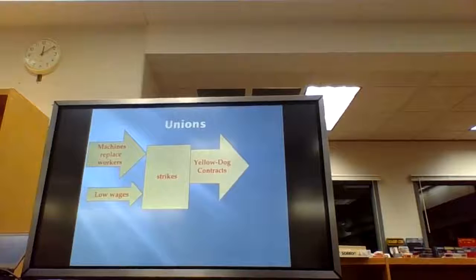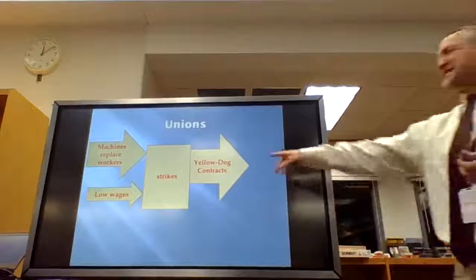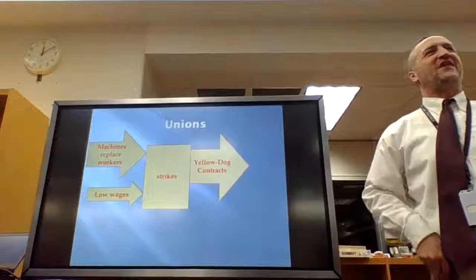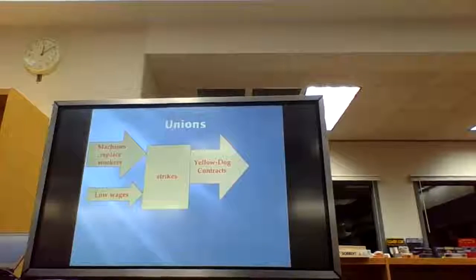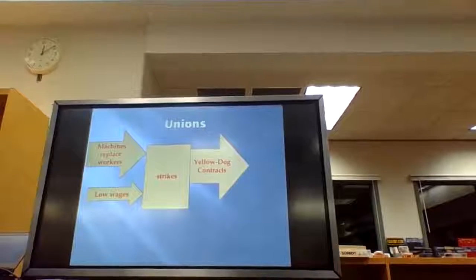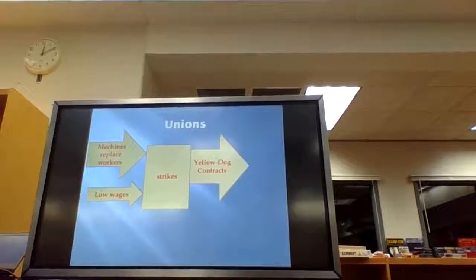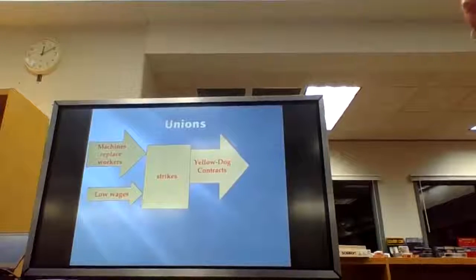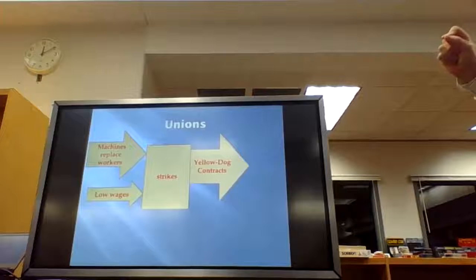Okay, so what businesses did was they created this new thing called yellow dog contracts. I have no idea why they call them yellow dog contracts. Does anyone know what they were? There were contracts that made it so you couldn't join a union. Very good. You want this job? Just sign this document saying, I promise not to join a union.